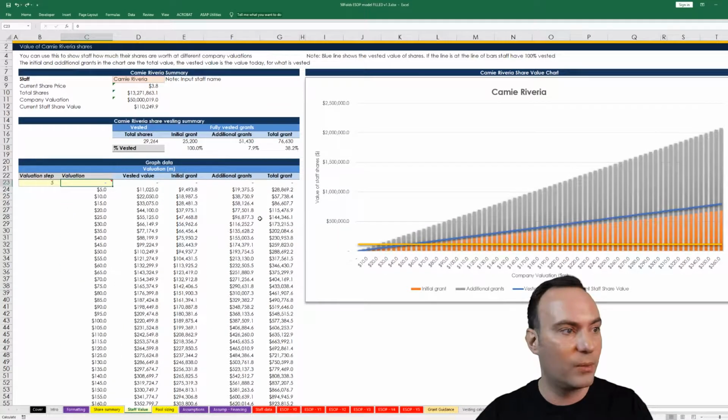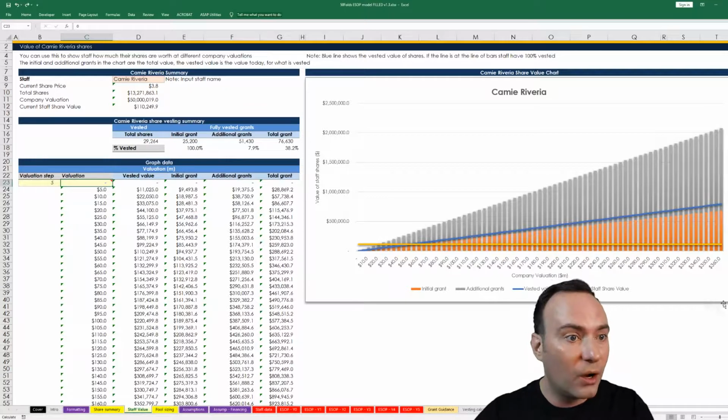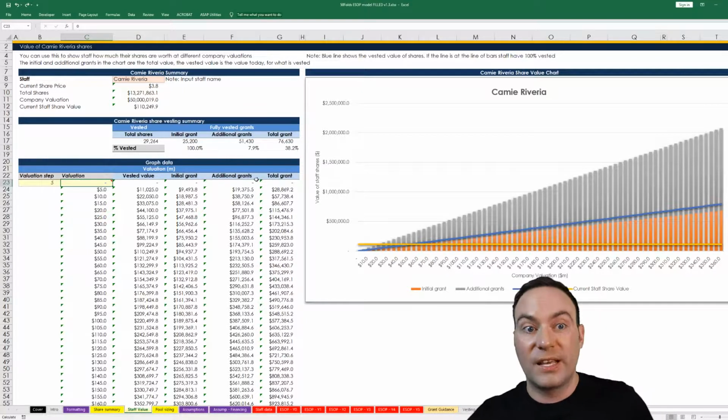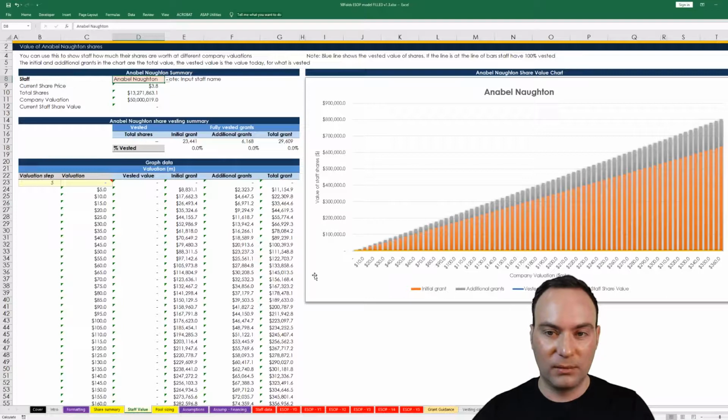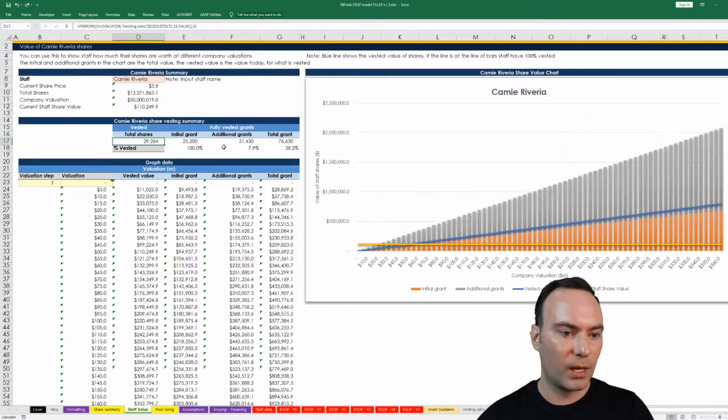Otherwise, right now it's going up in $5 million steps to these valuations. So that's literally all you need to do if you want to change around the graphs. But otherwise, just pick the drop-down menu, Annabelle Norton, and then you've got a chart for Annabelle, all formatted really nice, fancy pants. Cool.